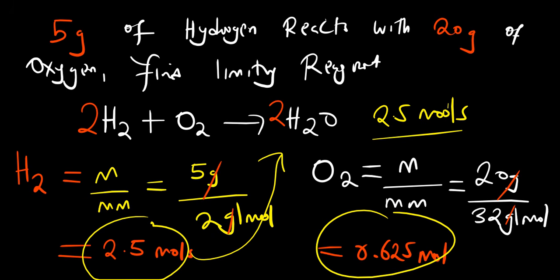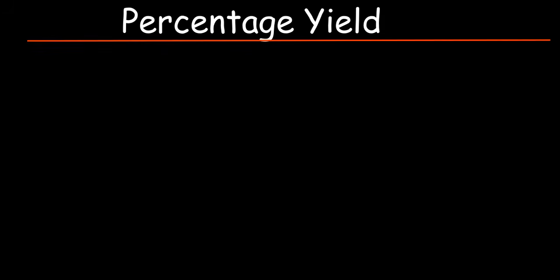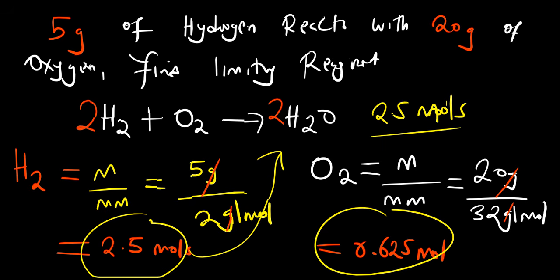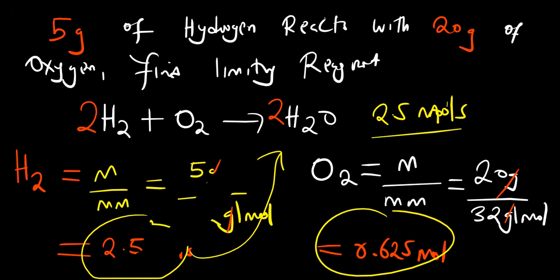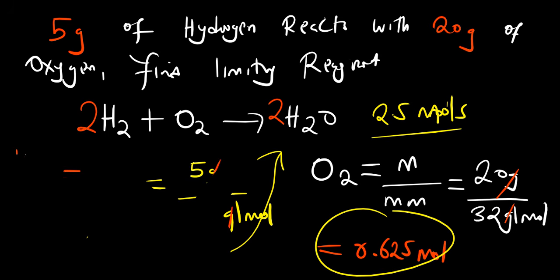Now if you're going to go for oxygen it's a bit different. We have 1 mole of oxygen giving us 2 moles of water. Hydrogen is maintained, it's 2.5. We just want to find for oxygen.